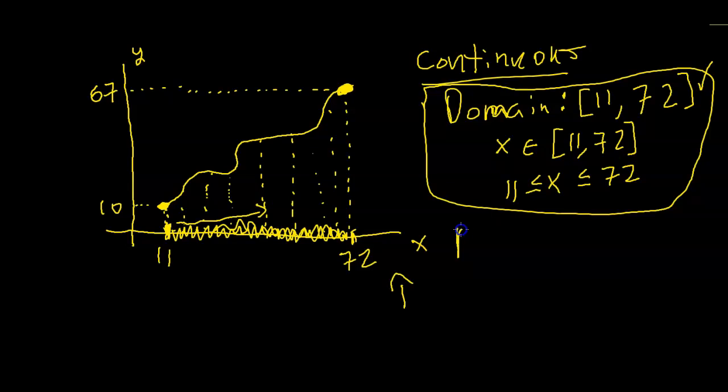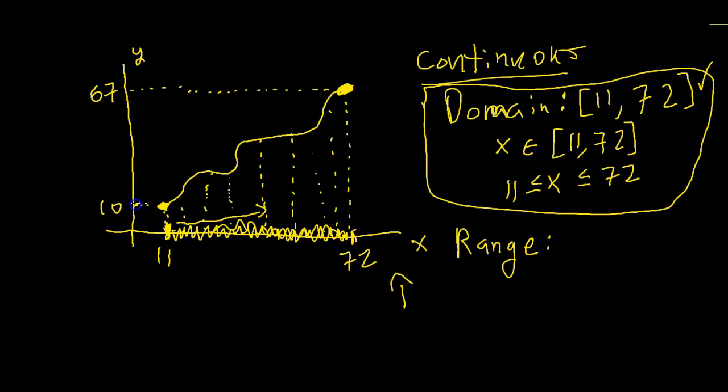What about the range? Remember what the range means. The range means every possible output of a function, and when we're graphing a function, the outputs are listed on the y-axis. So what values on the y-axis correspond to this function?